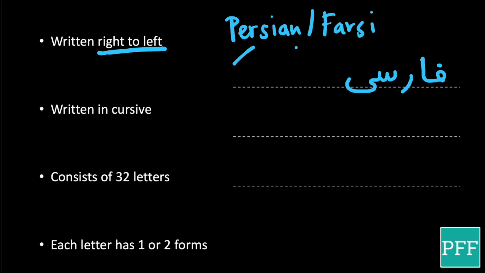There's three groups of countries that speak this language. The first is Iran, so that might be called Iranian. The second is Afghanistan, and they speak a version called Dari. And the third is Tajikistan, and they speak Tajik.